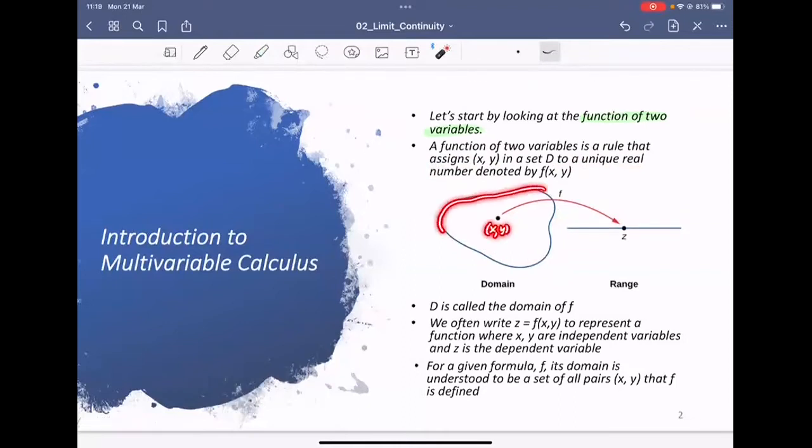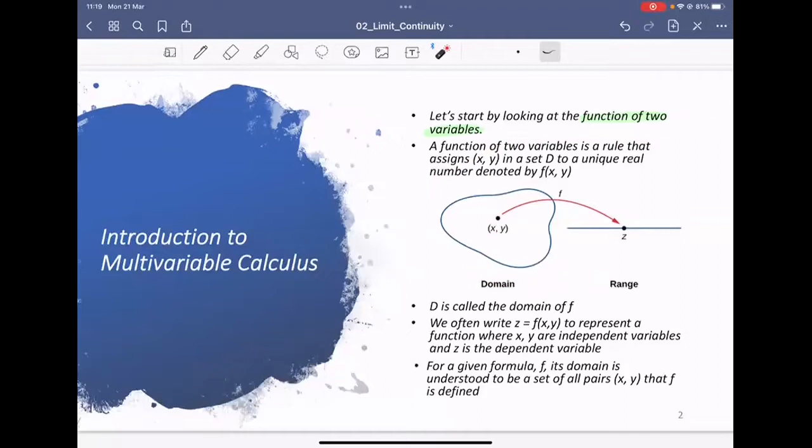So you have the domain here, and you have the point (x, y) in the domain. You send it to a real number called z. And if you define a function like that, it's called a function of two variables. It looks complicated in terms of this definition because this is a math definition. But when you look at examples, you're going to feel better about it.